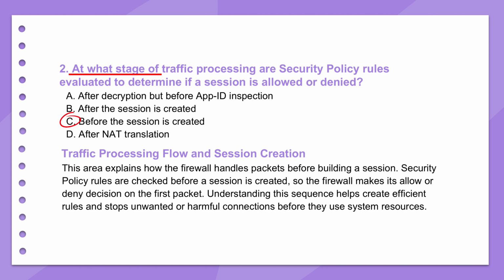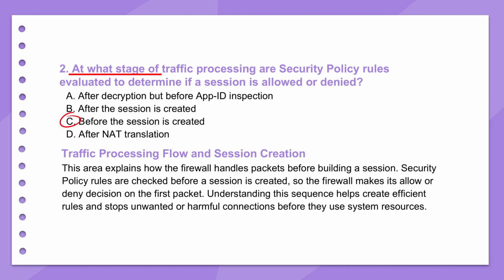By checking right away, the firewall can instantly drop unwanted or malicious traffic. It doesn't waste resources setting up a session that's just going to be denied anyway. And crucially, it prevents that risky traffic from even getting a chance to establish a foothold or potentially exploit the session setup process itself. It's about stopping problems at the absolute earliest point, minimum exposure. Right, stop it at the front door before it even rings the bell.